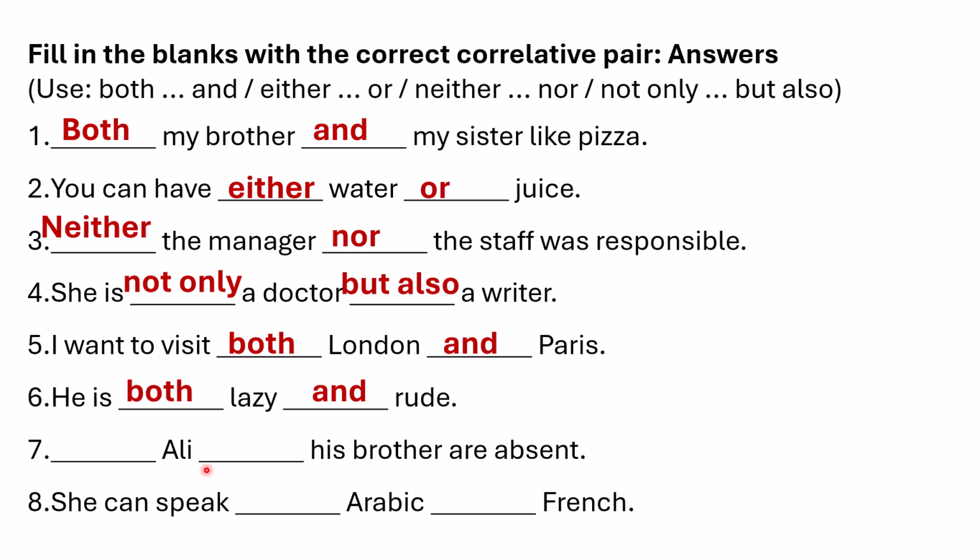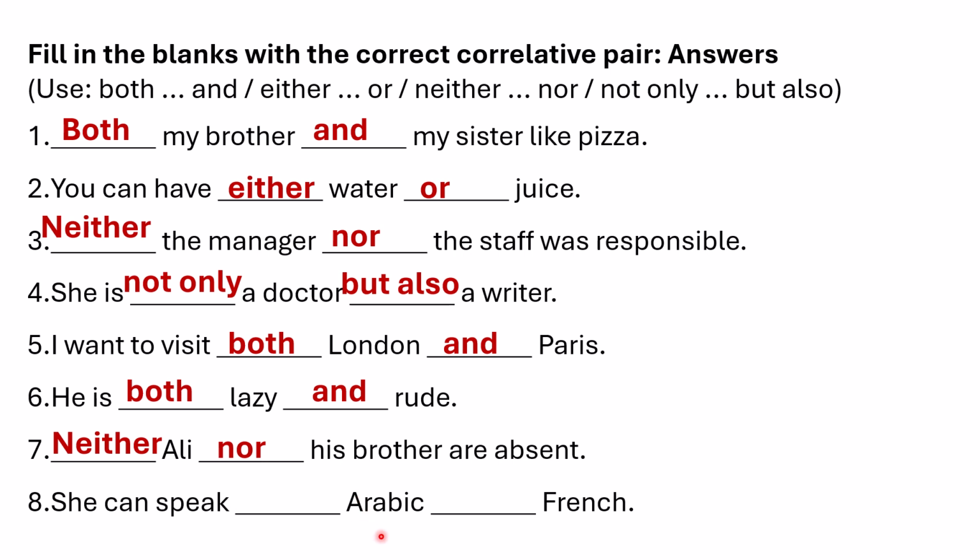Okay, Ali dash brother are absent. So we have to say that both the brothers are present. So what we can say? Neither Ali nor his brother are absent. Okay. She can speak dash Arabic dash French.